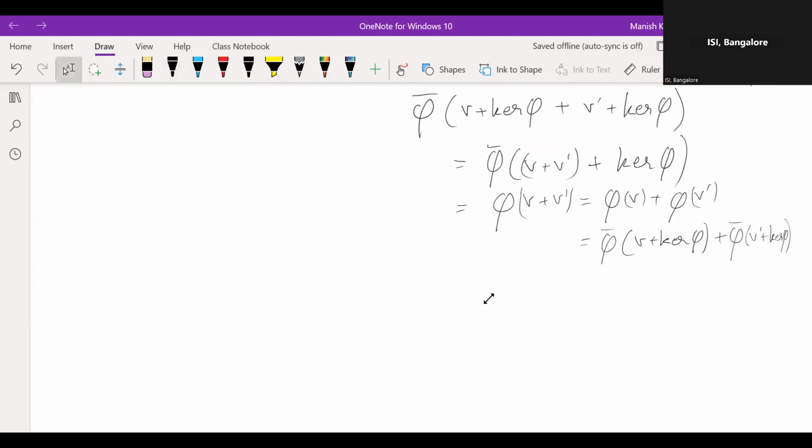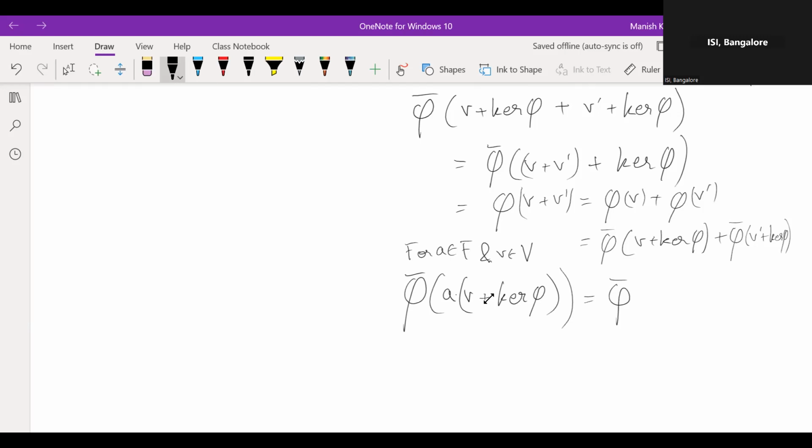The second thing you'll have to check is phi bar of A times V plus kernel phi, for A in F and V in V. By definition of how V mod kernel phi is a vector space, this is AV plus kernel phi.